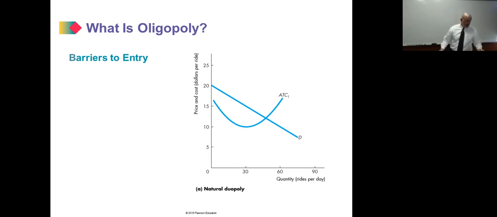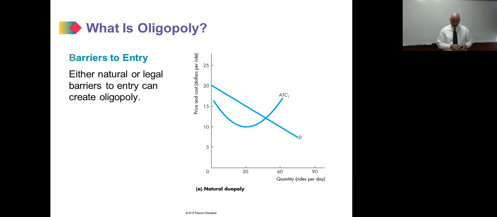All right, so let's take a look at this. Oligopolies can be created by either natural or legal barriers to entry. So let's look at this graph, and let's put some numbers up here. What are we staring at here?